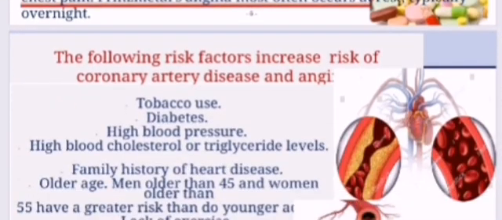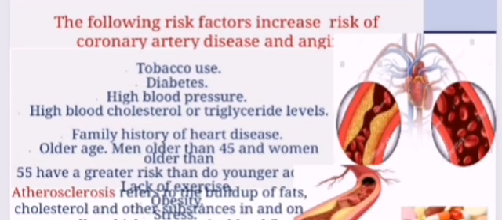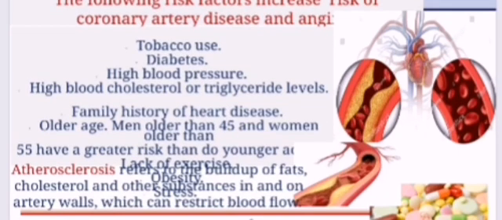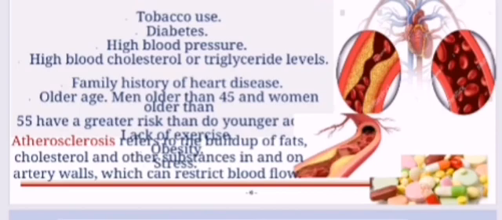The following risk factors increase the risk of coronary artery disease and angina pain. Tobacco use is the most common cause of coronary artery disease and angina pain. Diabetes, high blood pressure, high blood cholesterol and triglyceride levels, and family history of heart disease are also common causes.